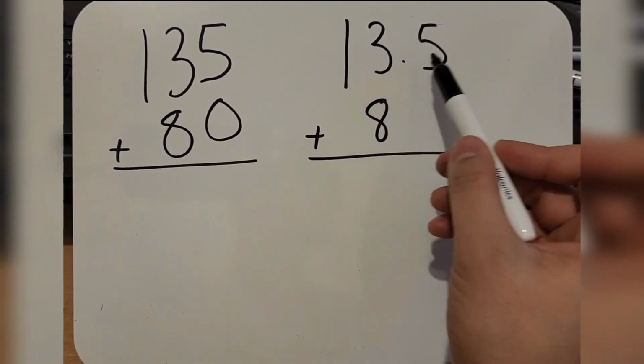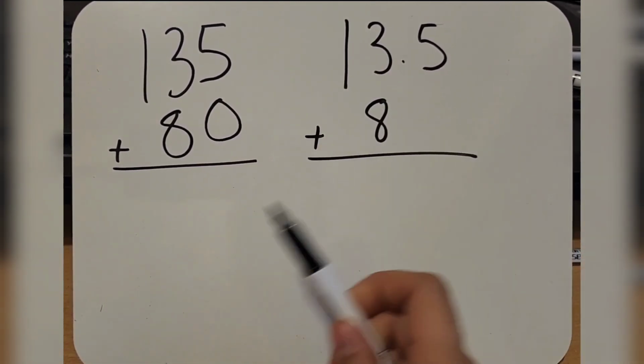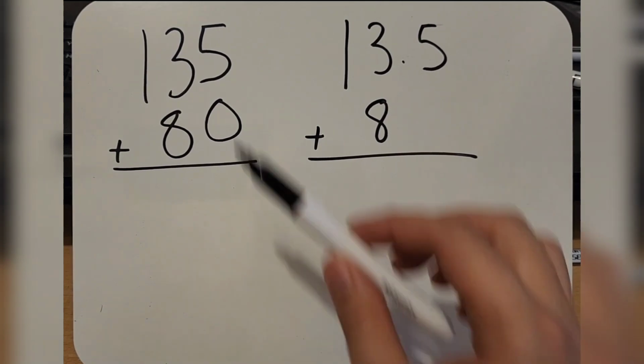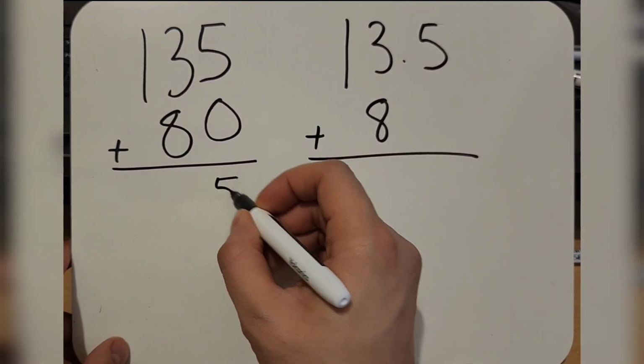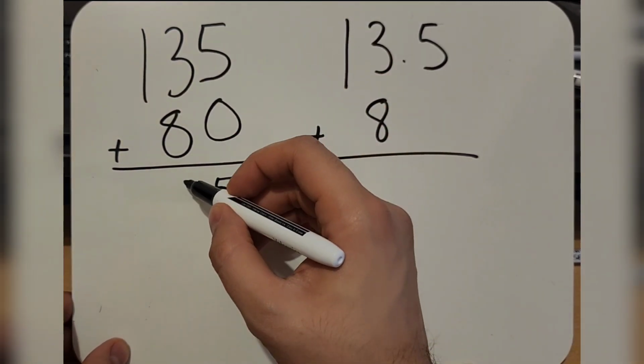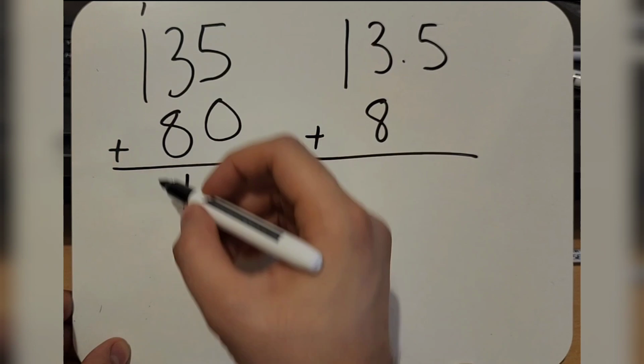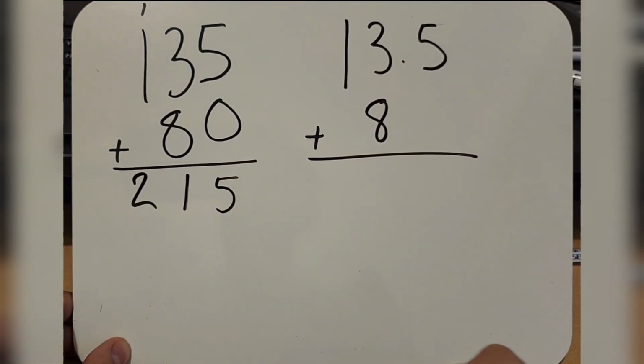So I thought we'd do something like 13.5 plus 8, just to go over column addition one more time, and also set up 135 plus 80. You can have a go at this now by pausing the video. So here 5 and 0 is 5, 3 and 8 is going to be 11, carry the 1, 1 and 1 is 2, 215.